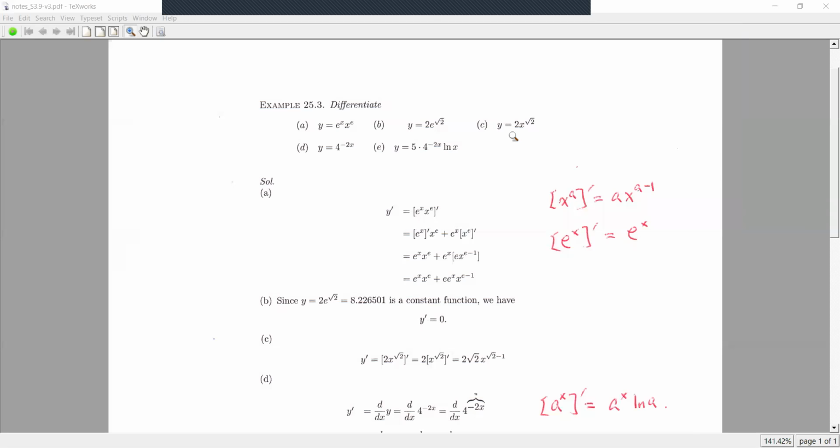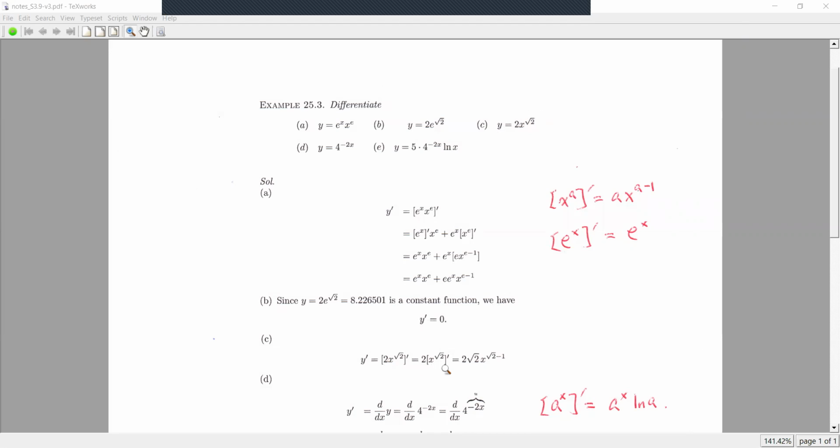Part C. The function in part C is 2 times a power function. The power is square root of 2. Now, take derivative on this function. I first move the constant to outside the derivative to get this equation.